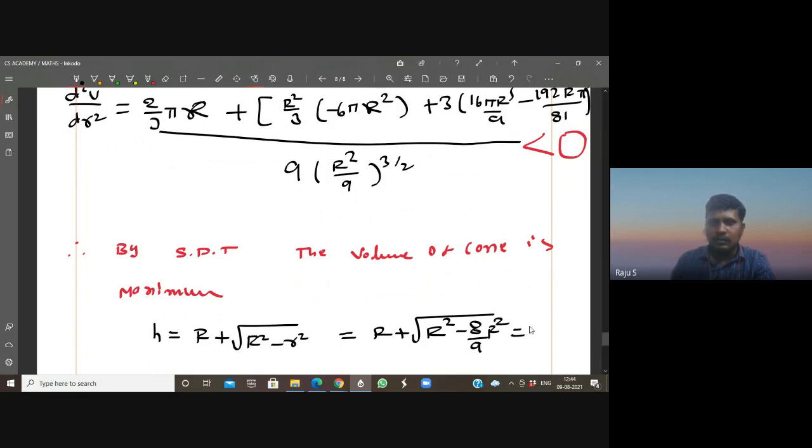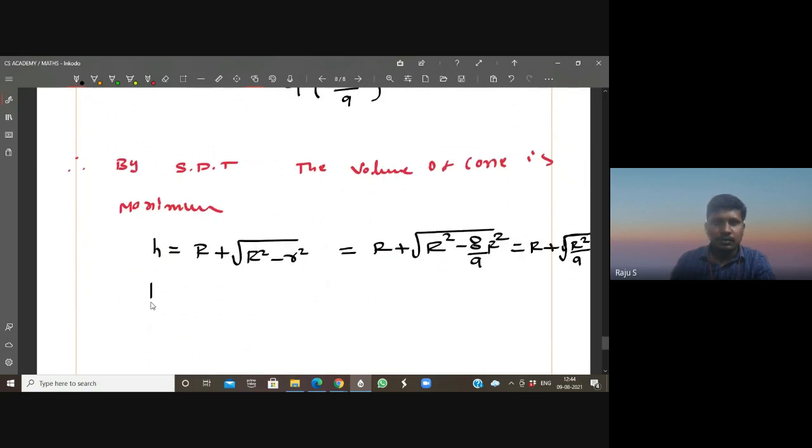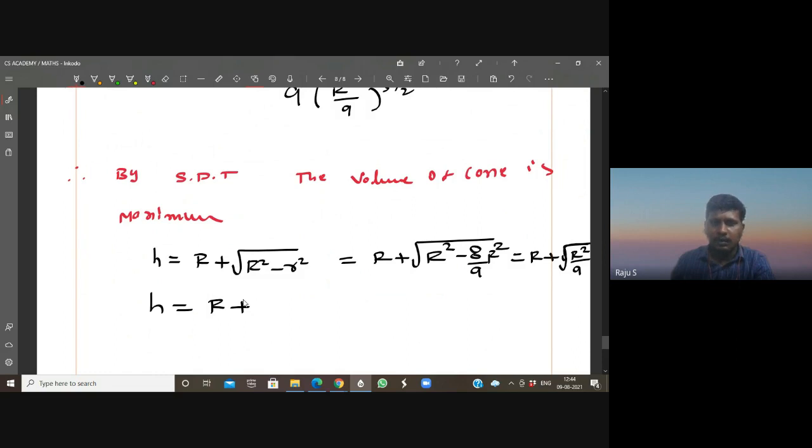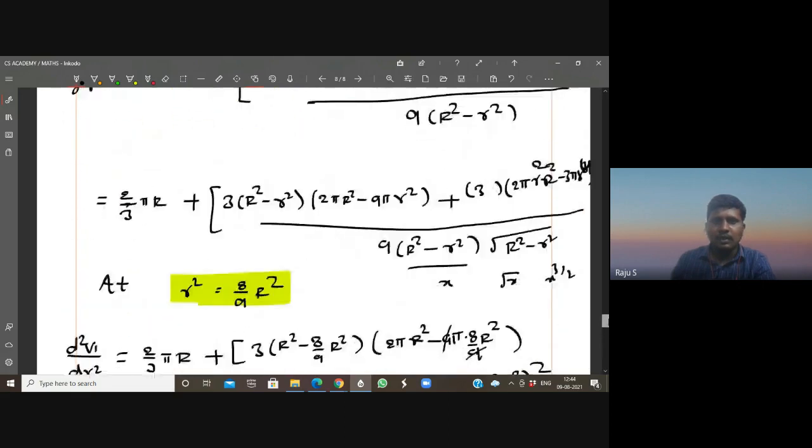So this is equal to capital R plus root over R square by 9. So small h is equal to capital R plus capital R only, so R by 3, that is nothing but 4R by 3. So final h value is 4R by 3.